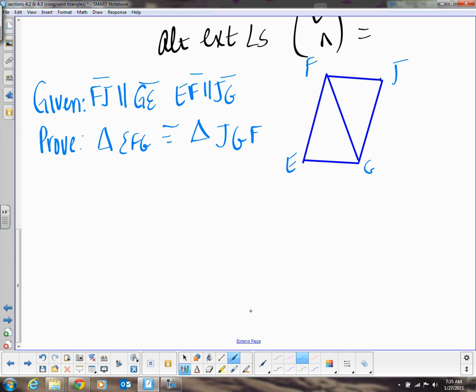So we are given parallel. So we're going to start and we're going to write FJ, that's a J. FJ is parallel to GE, and EF is parallel to JG, and that was given. So let's just work with these top parallels. It does not mean those segments are equal.